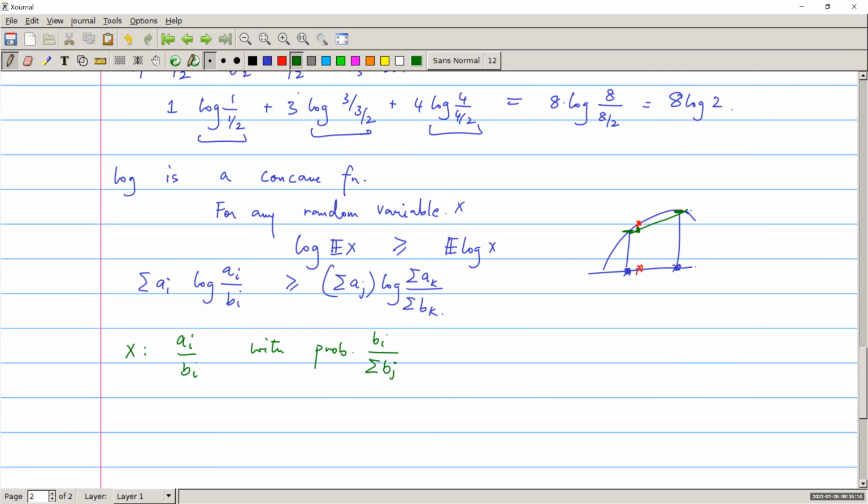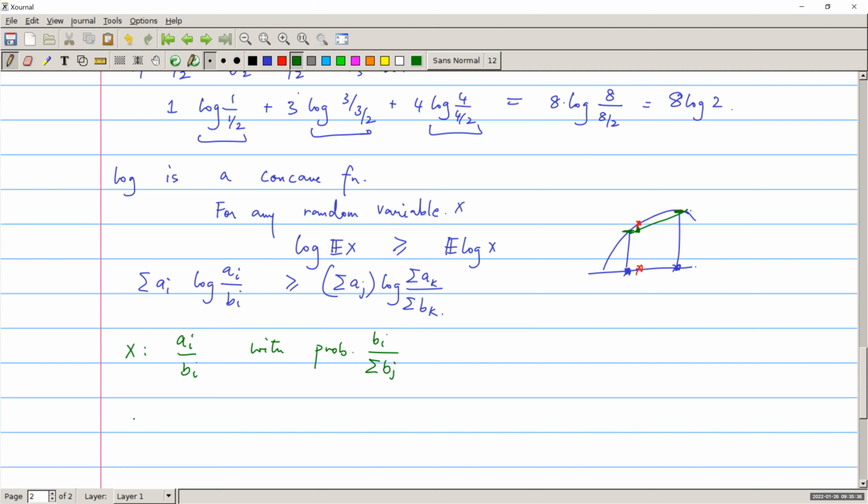The values the random variable can take equal a_i over b_i for all possible i's, and the probability with which it takes on this value a_i over b_i is b_i divided by the summation of b_j.